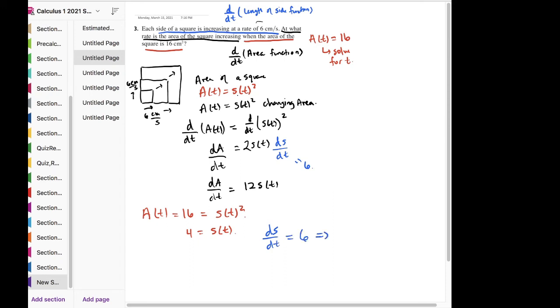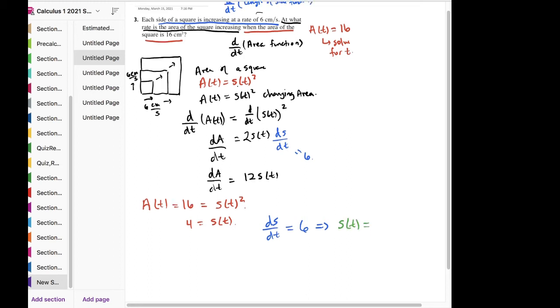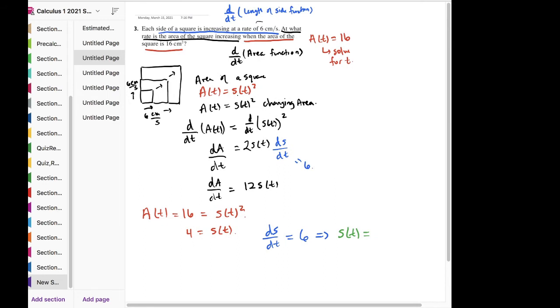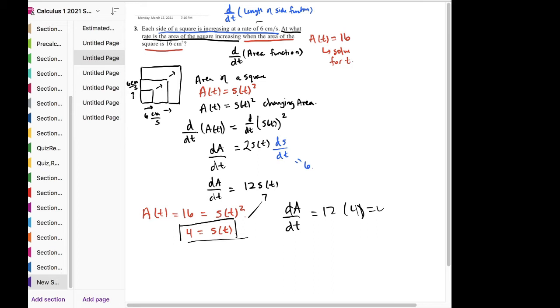So what does that mean, s of t? Yeah, sorry, never mind. Yes, we know that when area is 16, s of t is 4. Right, so dA/dt is equal to 12 times 4, which is equal to 48.